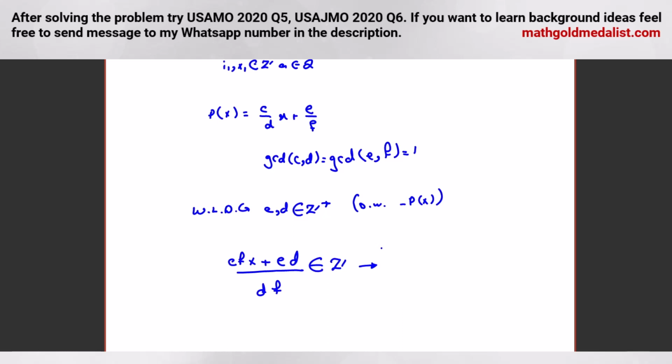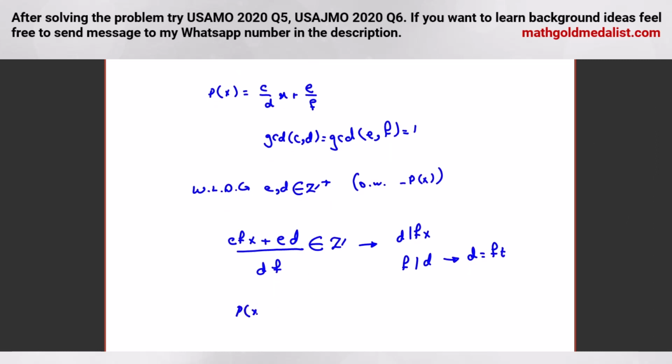So let's consider, for example, separately: D divides Fx, right? And F divides what? ED. So we can conclude here D, for example, is F t.